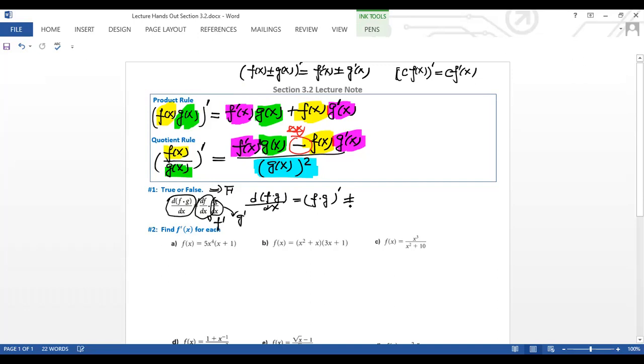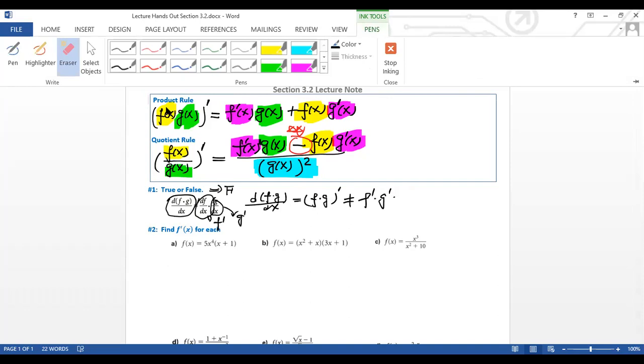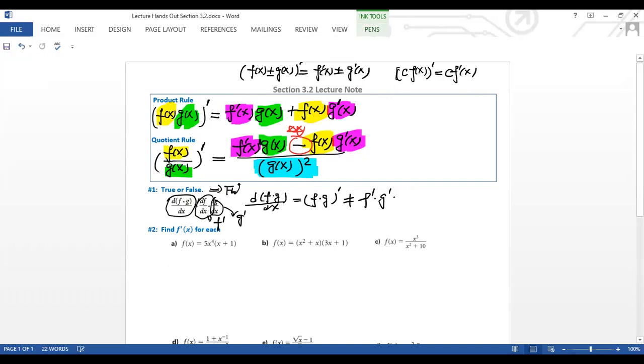So this is not equal to f prime times g prime. That's why we call this the product rule. That's the notation, so we say this is false.